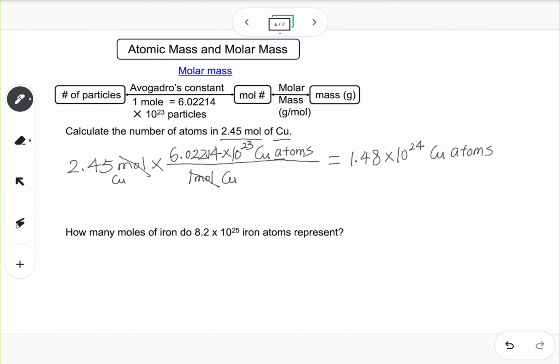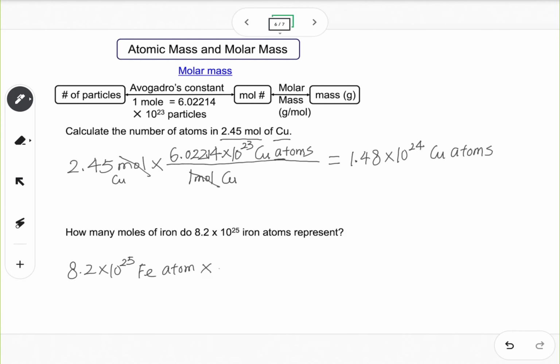All right, let's set up the equation. 8.2 times 10 to the 25th iron atoms. Now remember, the desired unit is mole, so when we use this constant, we need to flip it.